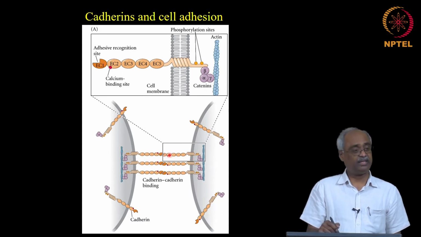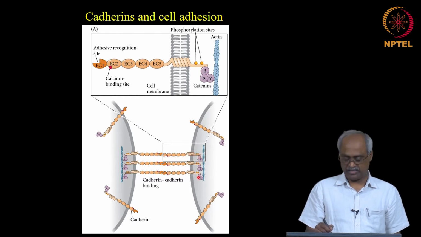Second, these cadherins are not simply anchored on the membrane, they extend into the cytoplasm where they interact with the actin cytoskeleton itself, and these can be regulated by small molecules there.